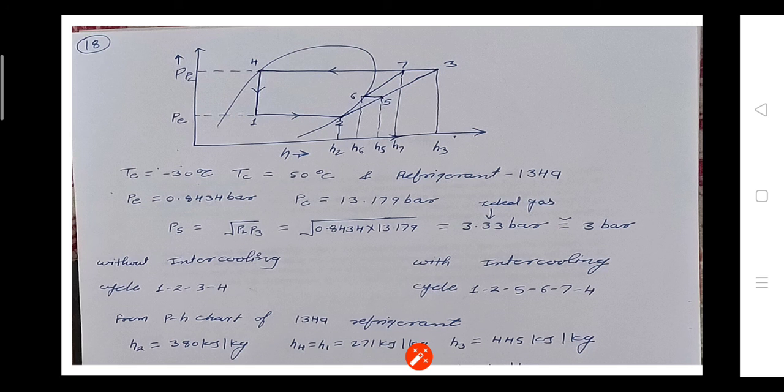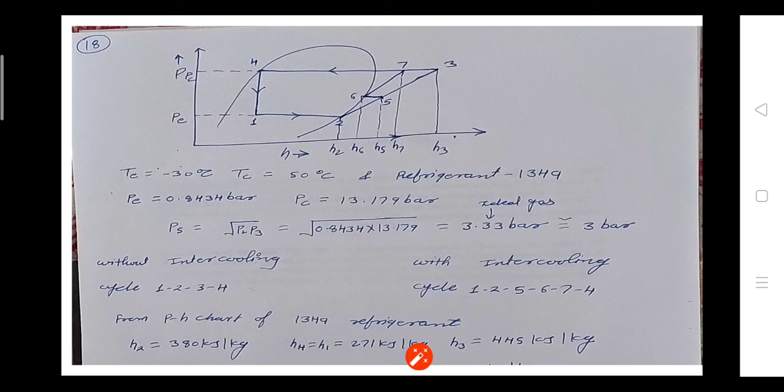Now see the pH chart of this particular refrigerant, 134A. For representing these points, you will get the value H2 at the evaporator temperature TE: H2 is 380 kilojoule per kg. H4 and H1 are equal because the expansion process from 4 to 1 is isenthalpic, that is, the enthalpy is the same, H4 equal to H1.